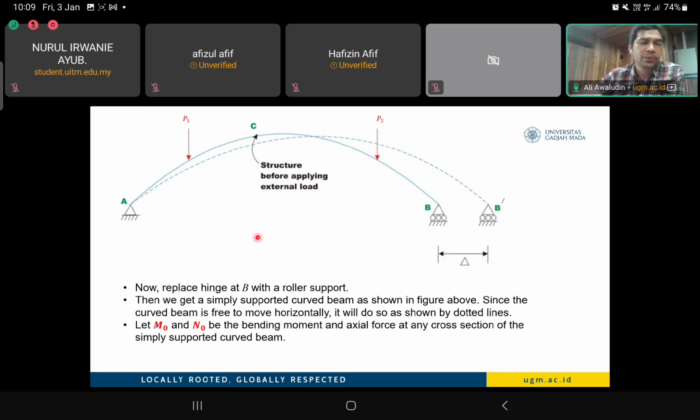At any point we can do some formulation. For example, at point C, the moment is the vertical force multiplied by the length, minus P1 multiplied by the distance. That is the moment at point C. The horizontal force at the support is 0. So this is the formulation of the bending moment and the normal force based on the assumption that it is simply supported. We call them M0 and N0. It is easy because you already have the structural analysis for this. Okay, next one.